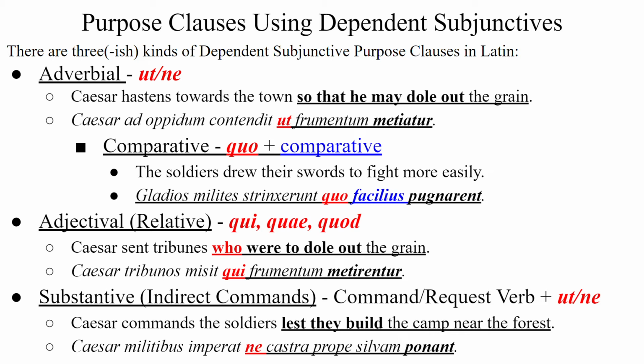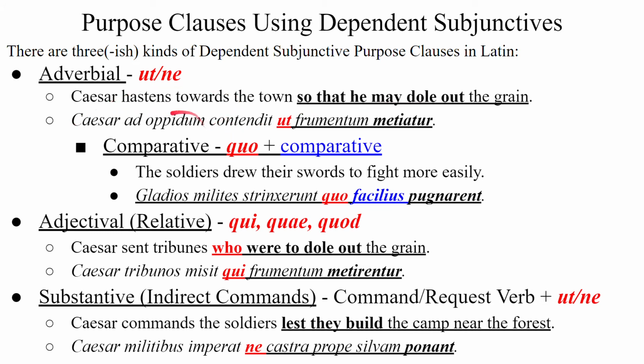Remember, originally these subjunctives were paratactical. If you remember the Latin moods video, you might want to review that. If you had something like, Caesar hastens to the town, may he mete out the grain. So there, instead of an ut, there'd be something like a pause or a break here. And these were considered to be sort of on the same level, paratactic.